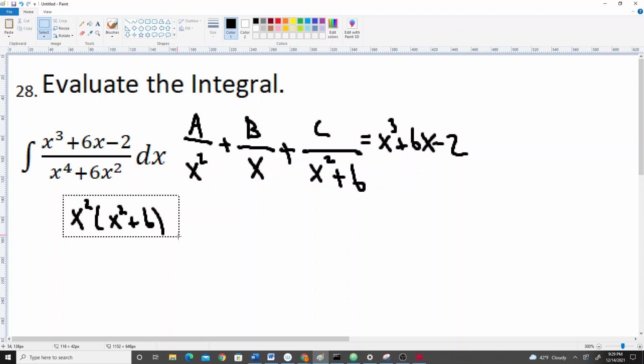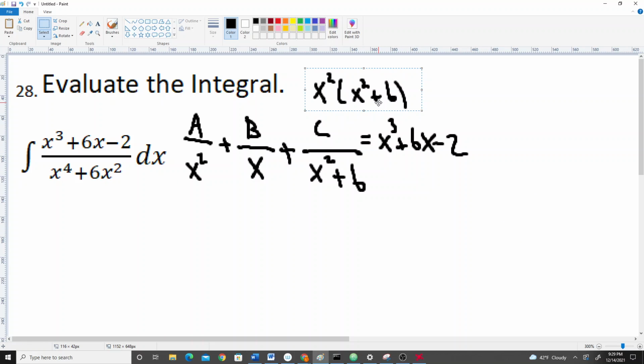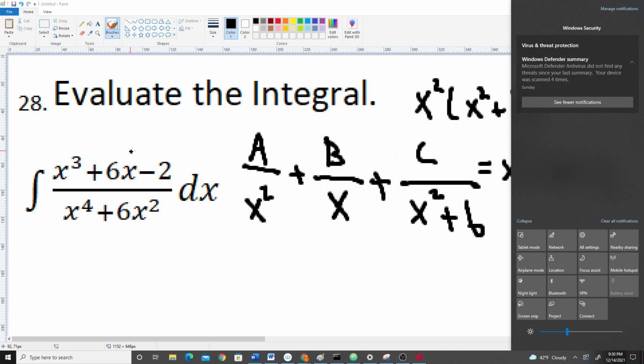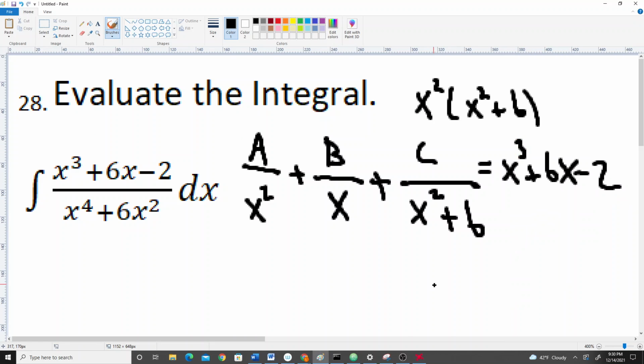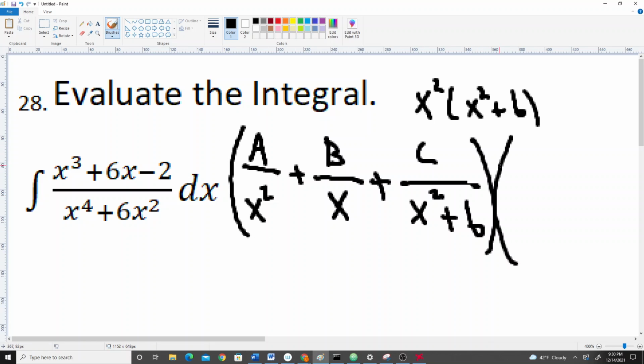Now what I want to try to do right now is find the coefficients a, b, and c. Instead, I'm going to multiply this by the greatest common denominator.